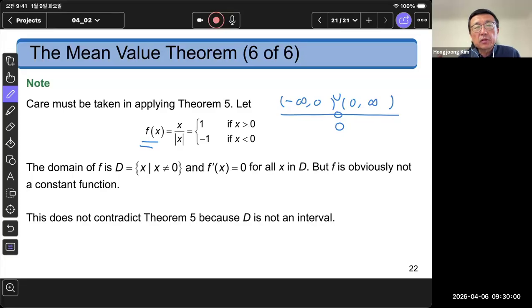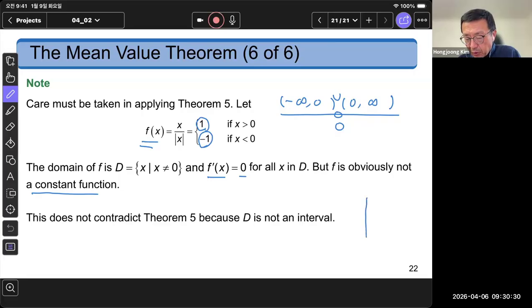And on this domain D, f prime is 0 for all x. F prime is all 0. But f is not a constant function, because to the left of 0 the function value is always negative 1, but to the right of 0 the function value is 1.